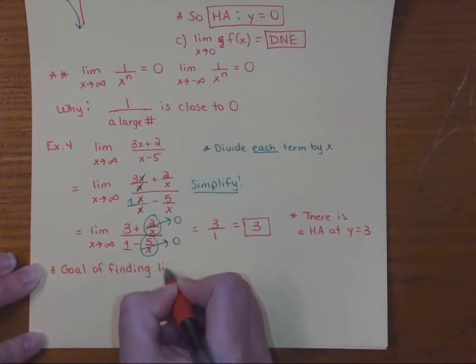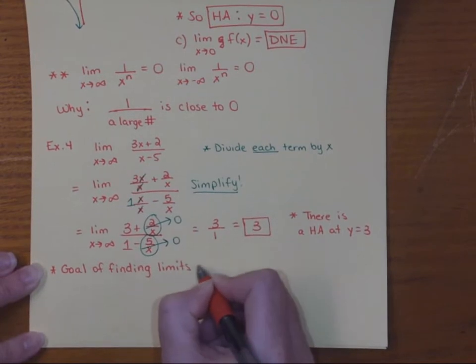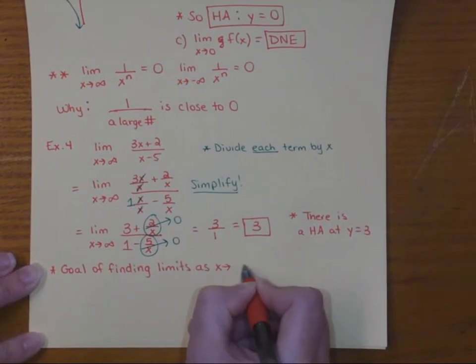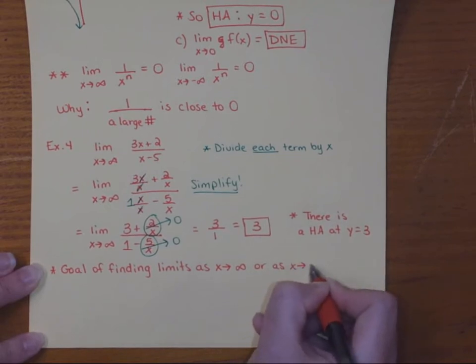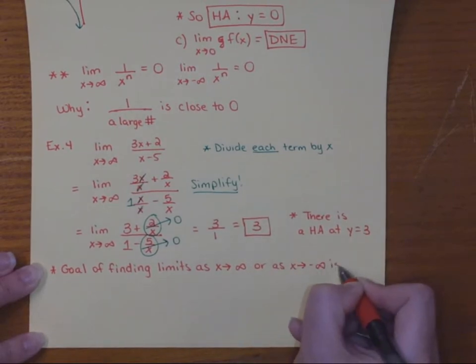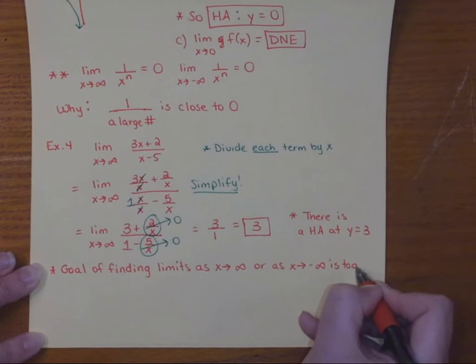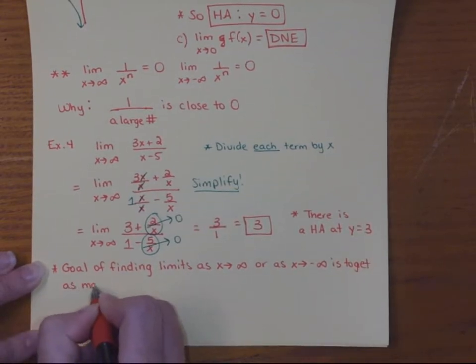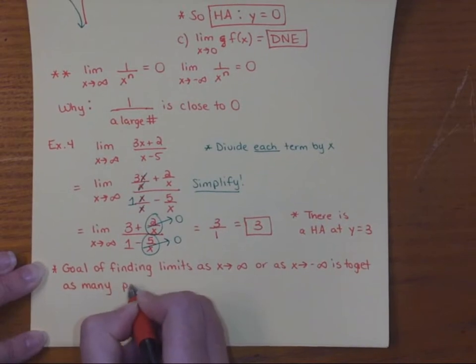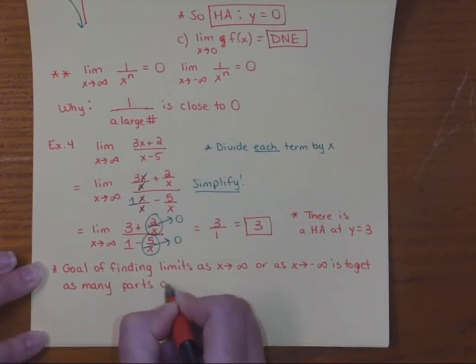So the goal of finding limits as x goes to infinity or as x goes to negative infinity is to get as many pieces as we can to go to 0. So I'm going to say as many parts of the problem as possible.